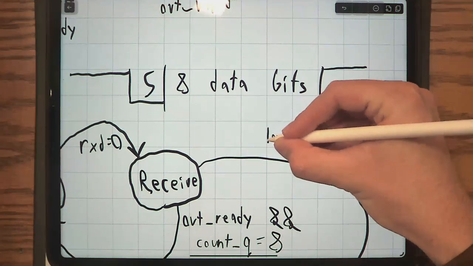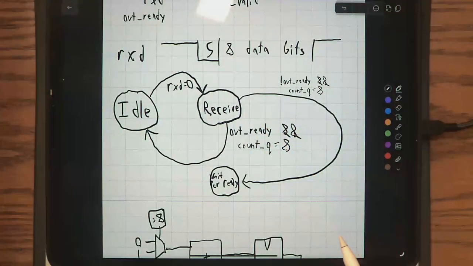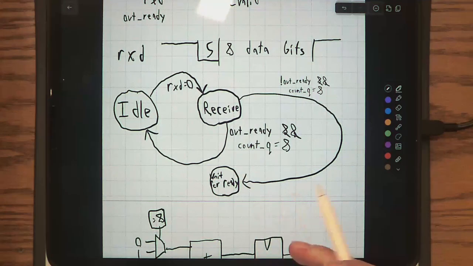Put an exclamation point. Okay, so out ready is false, but the count is done. So now we are in wait for ready.